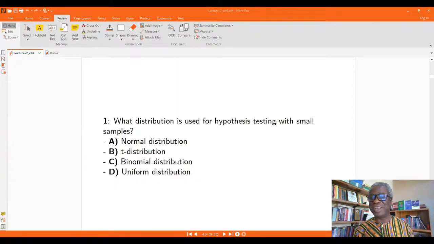I can see Oladipupo, Njoku, Lasisi, Emmanuel, you've made your choice. Let's see others. Njoku is going for A. What distribution is used for hypothesis testing with small samples?